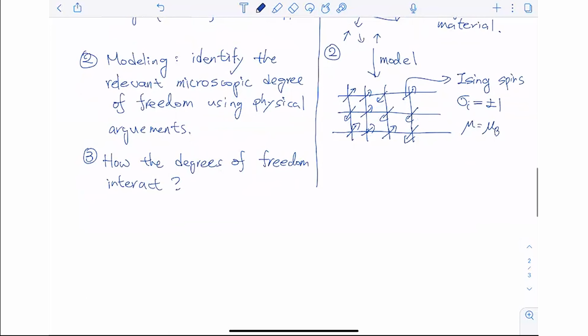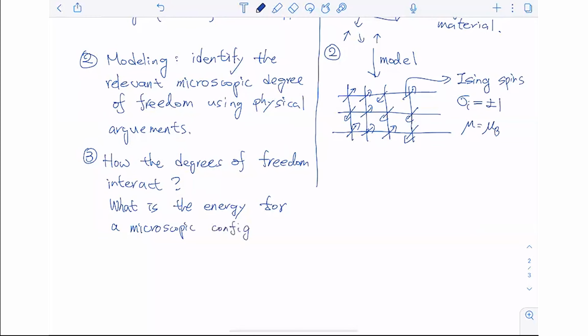And basically, this question is basically we want to ask, what is the energy for a microscopic configuration?